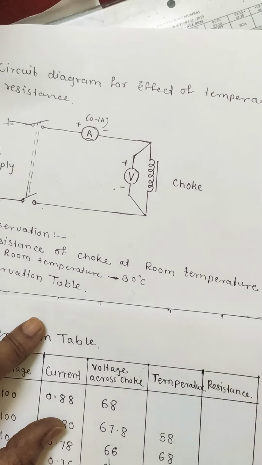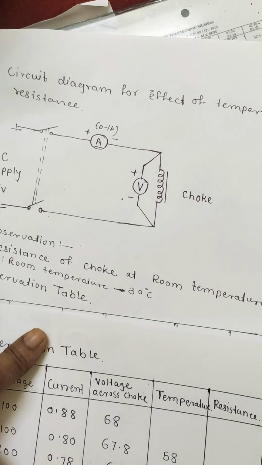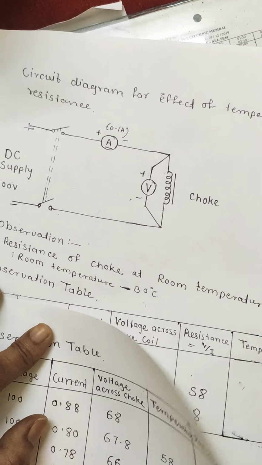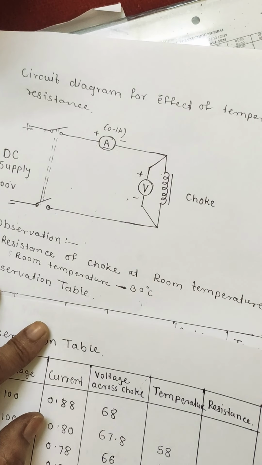So in this way, with the help of voltage and current, you calculate the value of resistance and that respective resistance value at temperature.